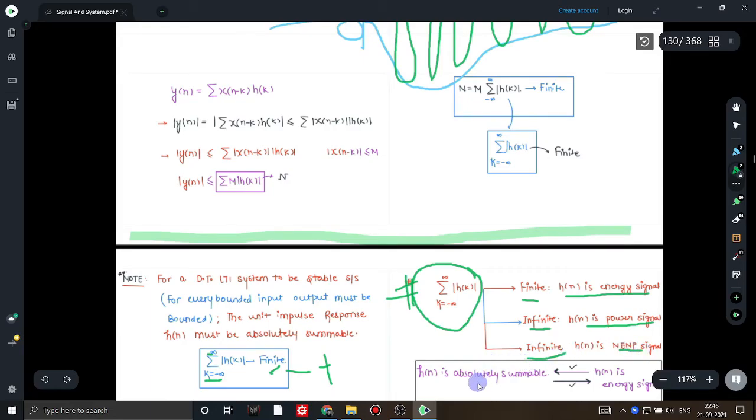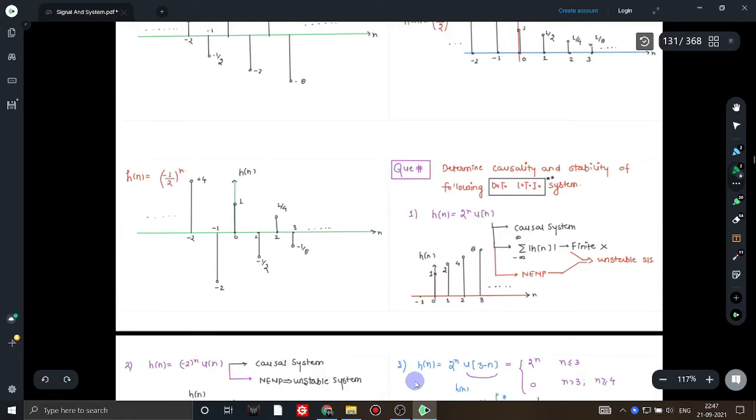So if h[n] is absolutely summable, then h[n] is an energy signal, and vice versa is also true. Okay, so this is the stability condition.